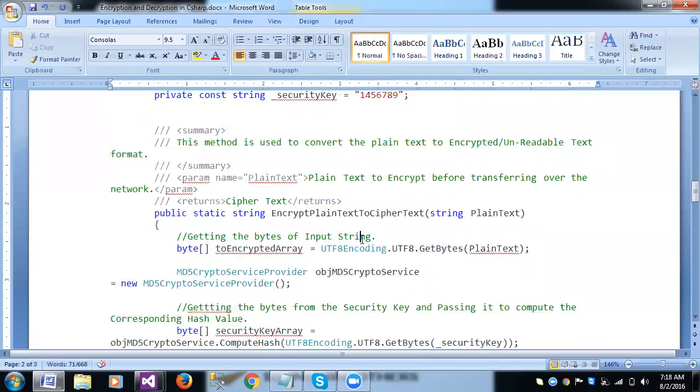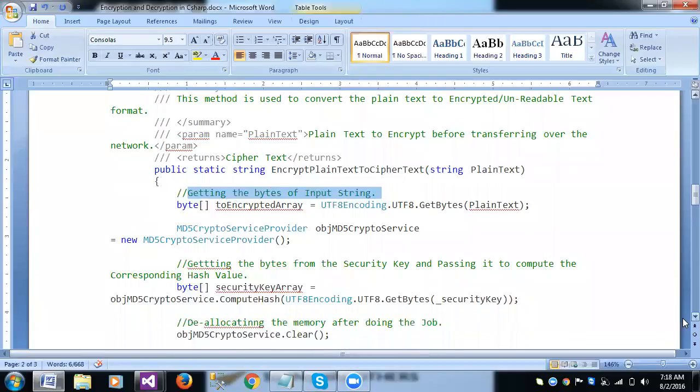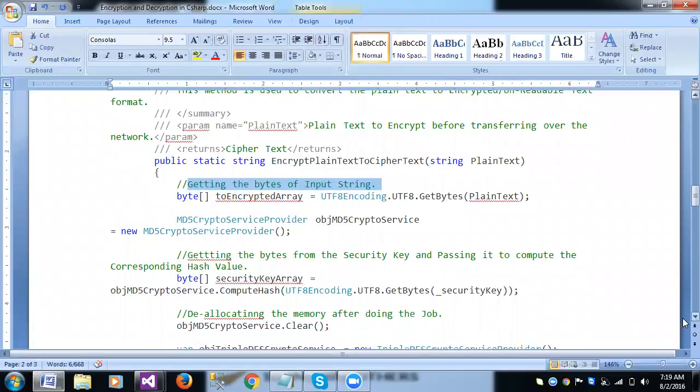So here, this is one method for plain text to cipher. We are taking plain text as an input. Now we are going to convert this plain text to bytes. Converting to bytes means A is 65, and it will be converted to a byte array.